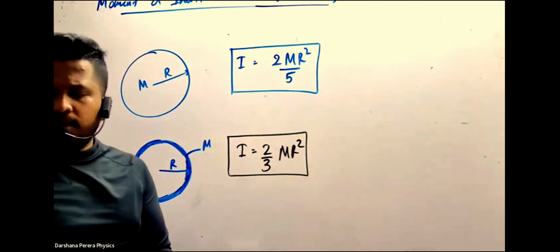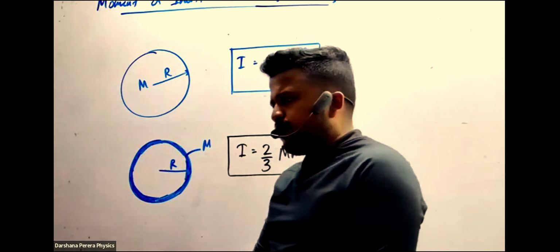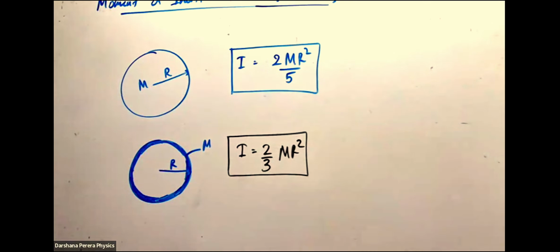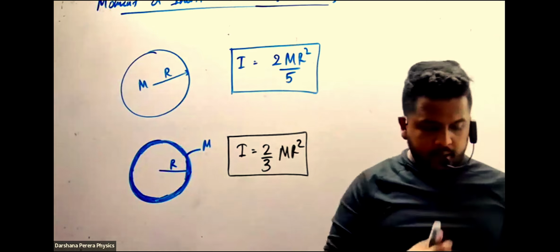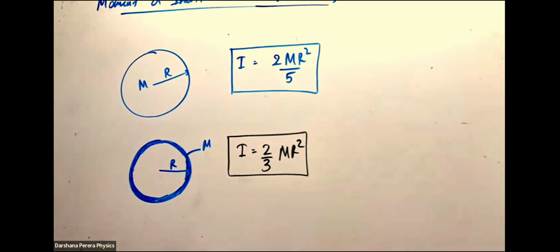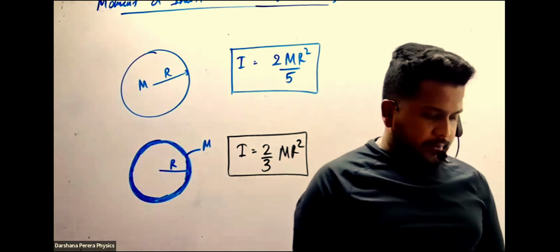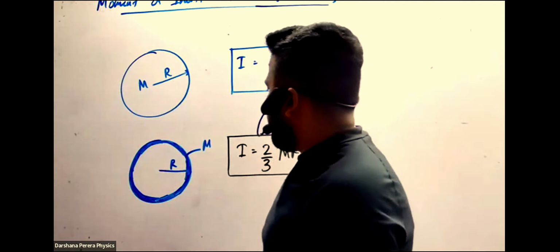Okay, write down: the moment of inertia of a uniform hollow sphere about an axis passing through the center is given by this.